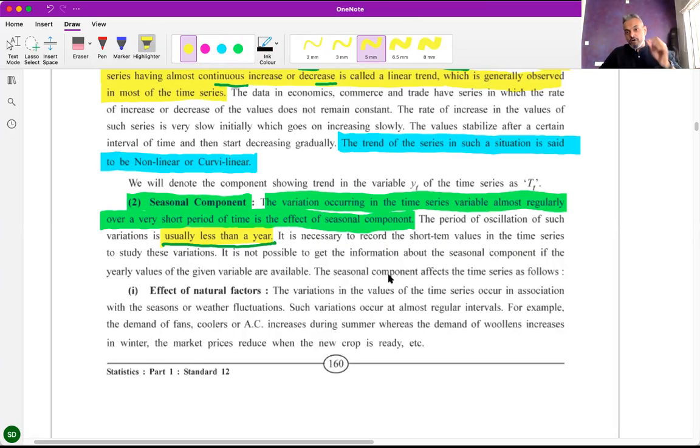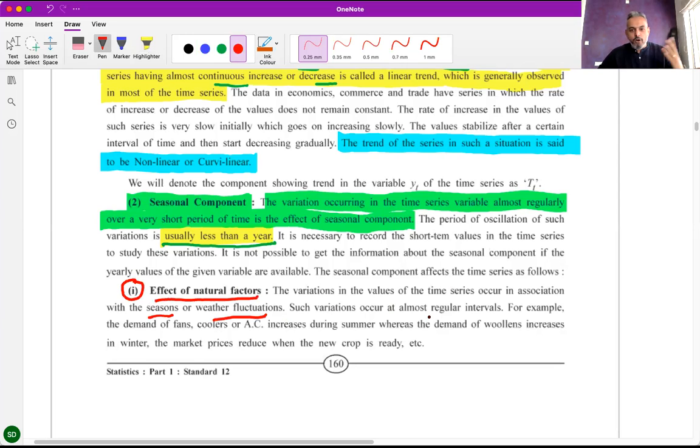Now, how does the seasonal component arise? Why do we call it seasonal? It affects the time series as follows. First one is the effect of natural factors. What are natural factors? Like weather condition, seasons, or weather fluctuation. Such variation occurs at almost regular intervals.